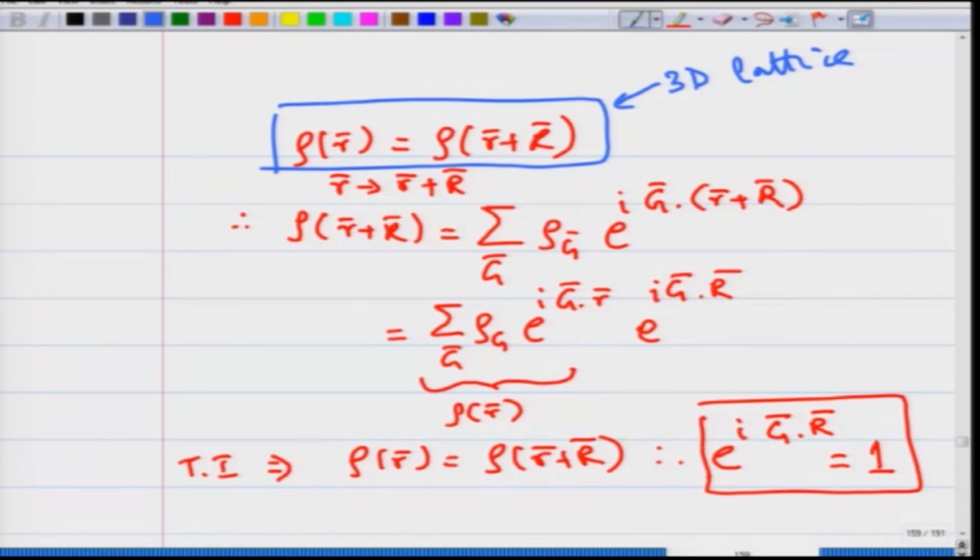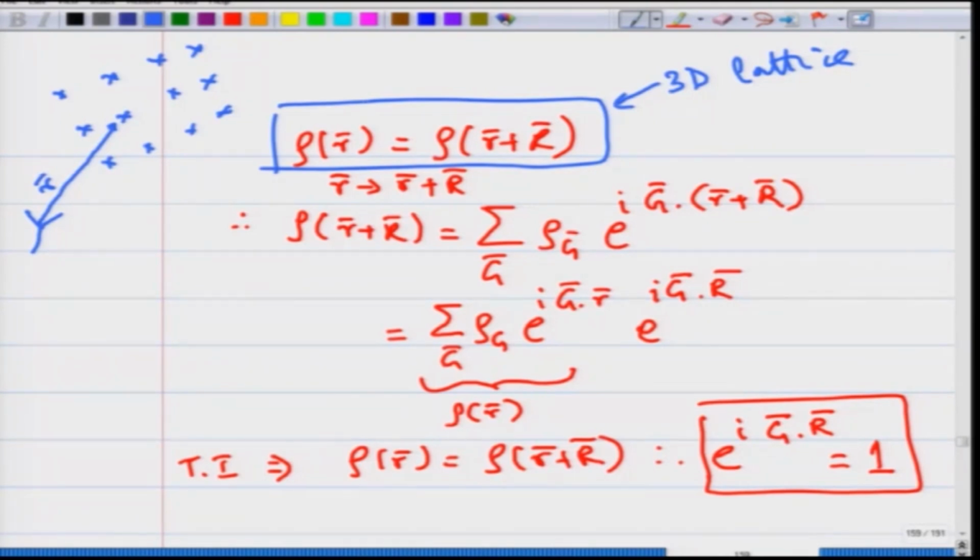In the lattice, you have a periodic structure; here I am showing it in 2 dimensions. For any point r in this lattice, the number density at that point is given by rho of r.